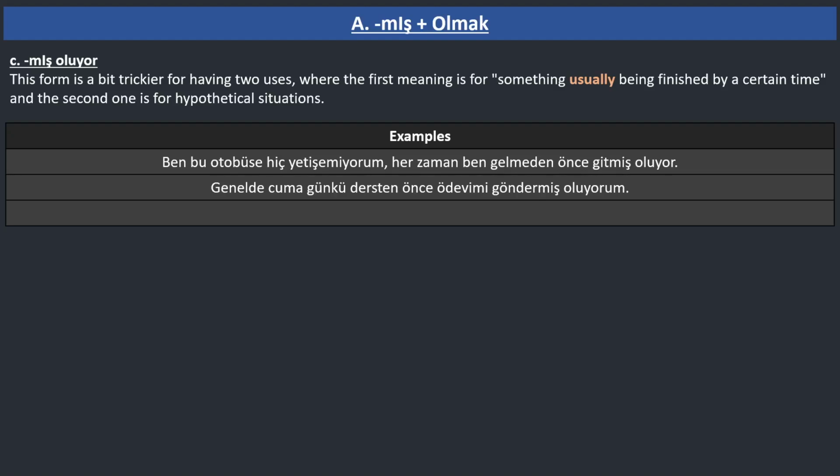Generally, before the lesson on Friday, I send my homework, and usually I am able to send it before it, and there's a real time space between them. I send it long before it starts.